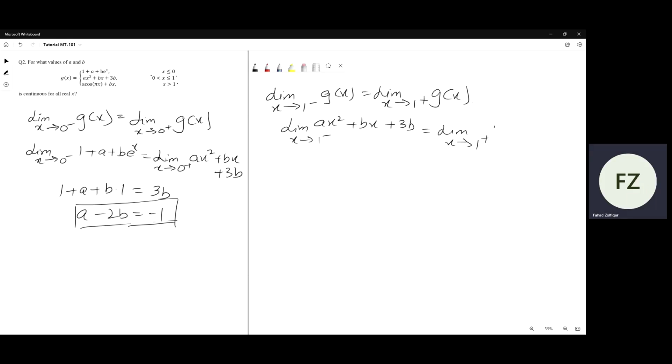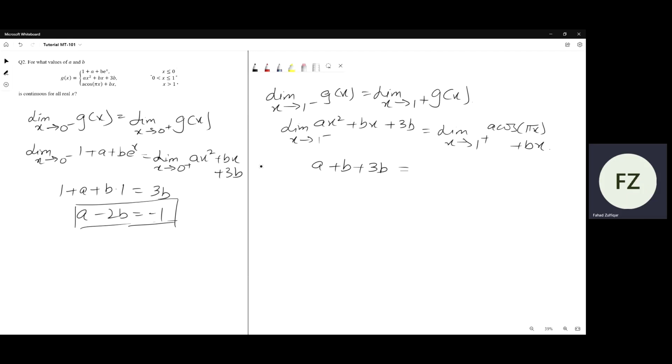The third function is a cos of pi x plus bx. So if we put in the limits, we'll be left with a plus b plus 3b equals, so we know that cos n pi equals minus 1.